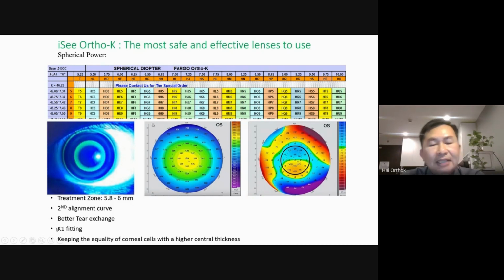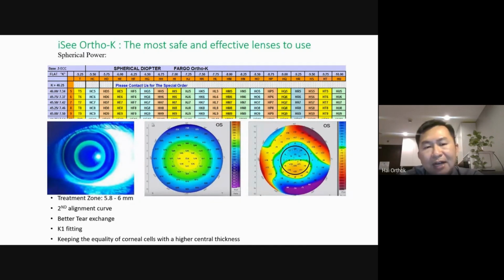We fit the IC lens on K1. The K1 fitting is very effective because it is safe. K1 is the vertical, horizontal K, and it is just touching the lens. And because of that, it doesn't compress too much power on the cornea at all.